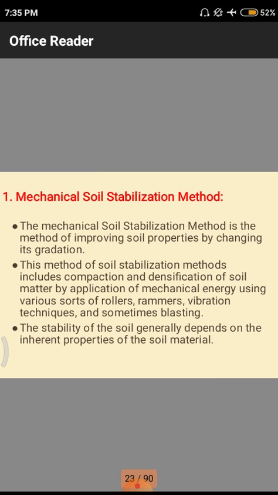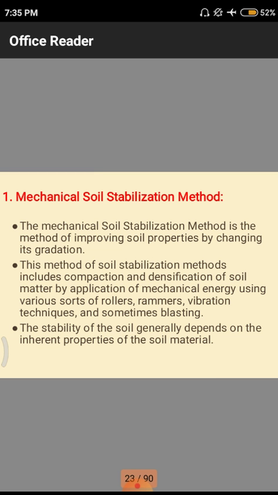Next one, the stability of the soil generally depends upon the inherent properties of the soil material. Inherent properties means whether they are physical properties, chemical properties, or structural properties. Depending upon those three elements, the total soil strength will be declared. Why?